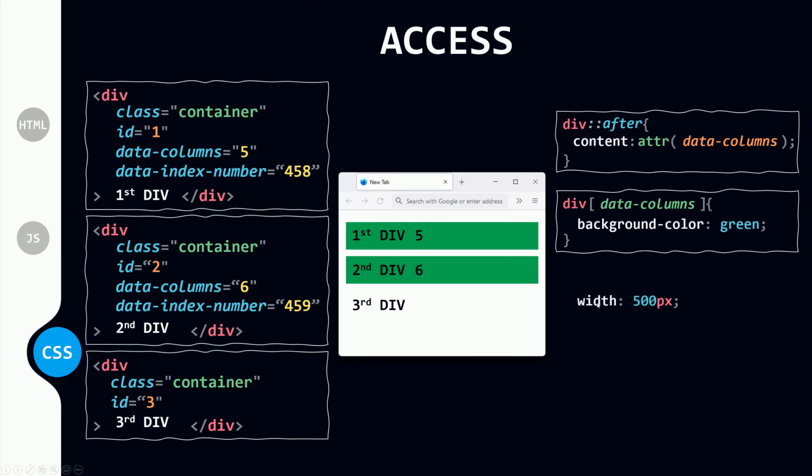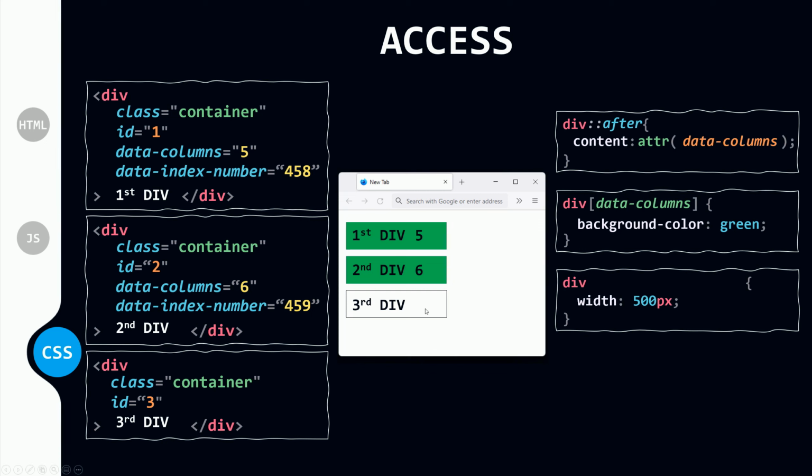Now if I set the width to 500 pixels, all the divs will have 500 pixels for the width. But if I use again the attribute selector, this time data-columns equals 5, only the divs whose data-columns custom attribute is equal to 5 will have 500 pixels for the width. So only the first div here will have the width set to 500 pixels.